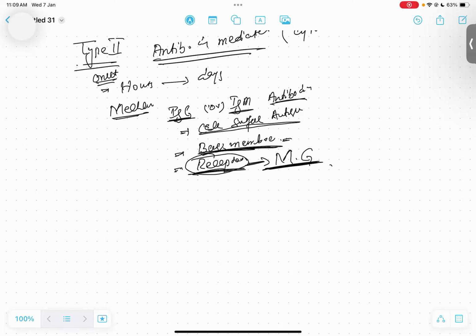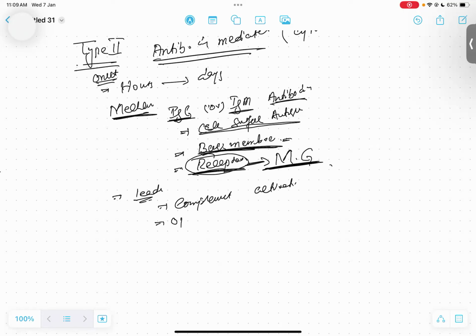So as a result, this will lead to complement activation through which pathway? Classical pathway, excellent.